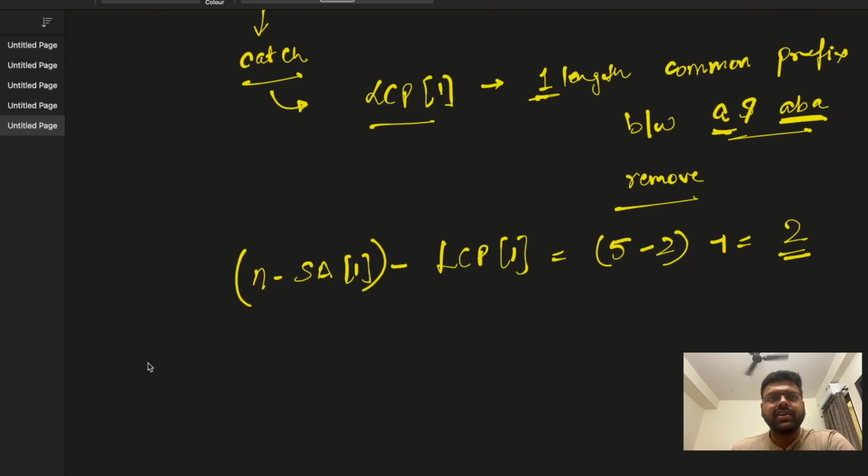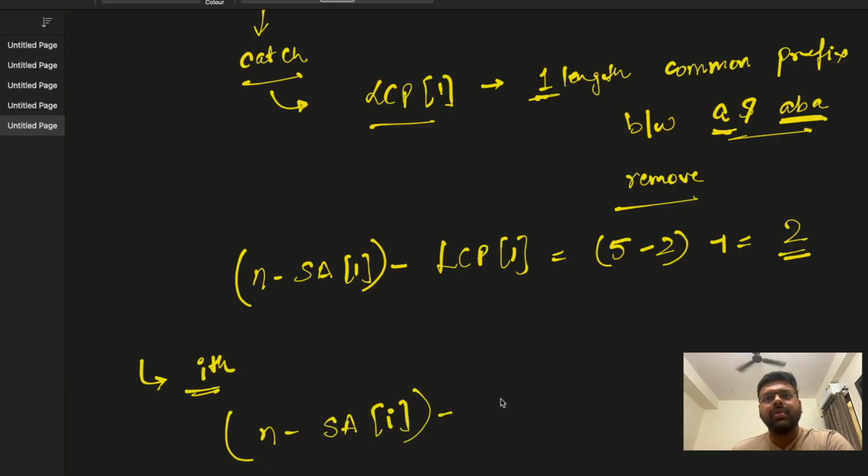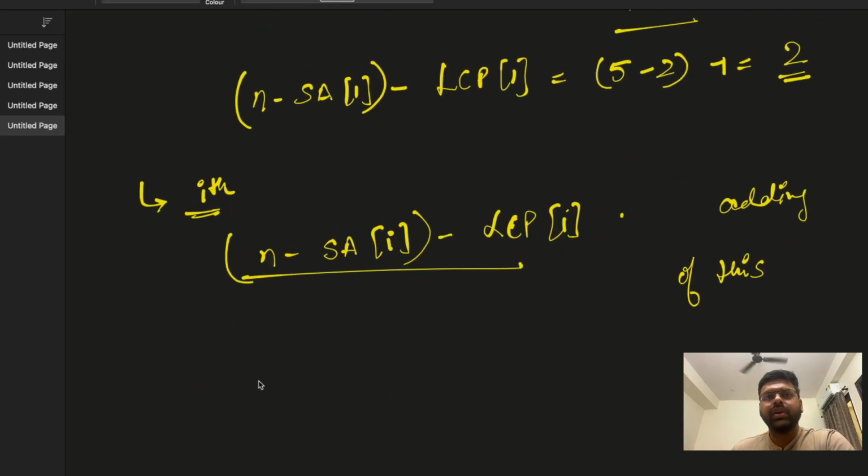If we generalize this for any i, it would simply be n minus SA of i minus LCP of i, and adding all of these would give all the substrings.